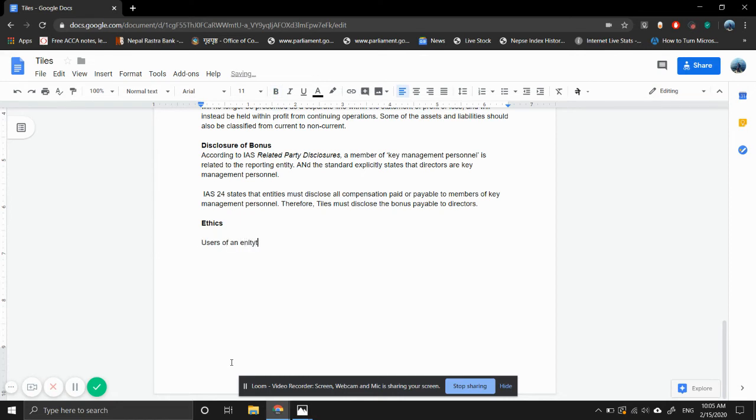Users of an entity's financial statements such as shareholders and employees rely on accountants to faithfully represent the entity's performance and position.